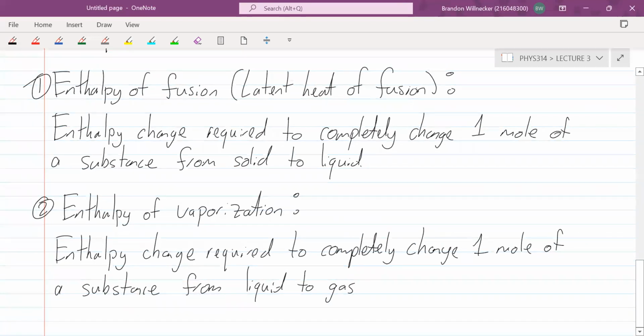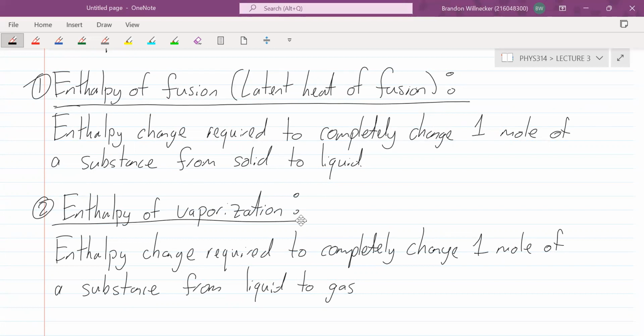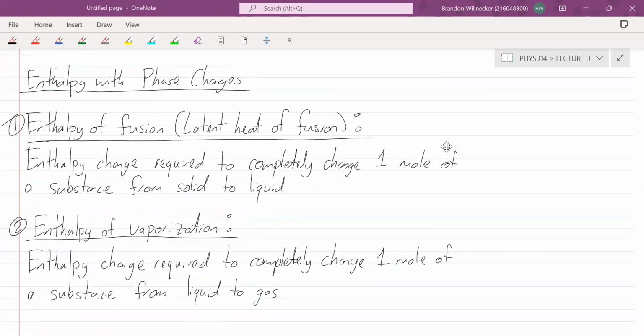These are just two examples of enthalpy that we're going to be using: enthalpy of fusion and enthalpy of vaporization. There are many more phase changes. You can have a liquid going into a solid, a gas going into a liquid, a gas going straight to a solid, or a solid going straight to a gas. With each one, there's an associated enthalpy change, and we can calculate what this enthalpy change is from one phase to another.